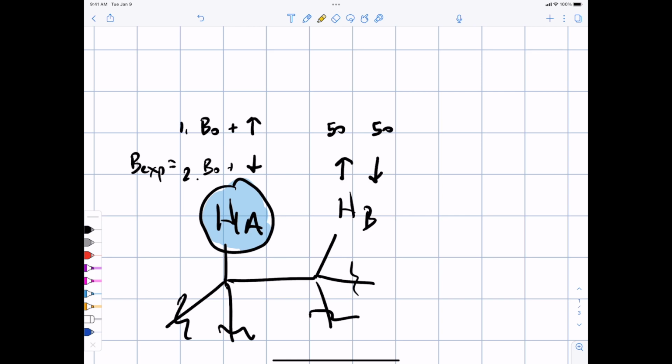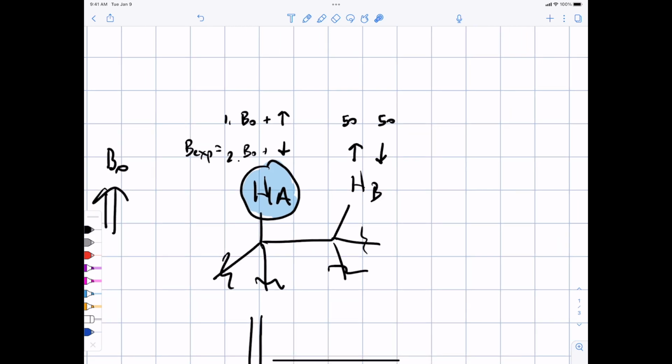So imagine we're looking at proton A and we're seeing what proton A experiences, and on average 50% of the time proton A is going to be near a proton B that is aligned with the external magnetic field, and the other 50% of the time A is going to be next to proton B where proton B is aligned against the magnetic field.